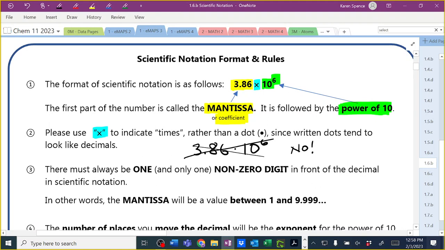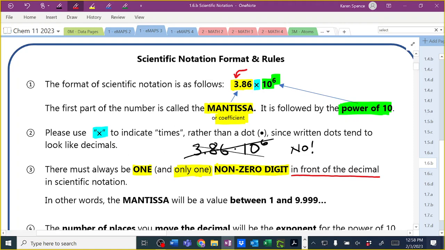Now, the rule for scientific notation is that in the coefficient, in the mantissa, there has to be one, but only one, no more than one and only one non-zero digit in front of the decimal. So in this case, our non-zero digit in front of the decimal is a 3.